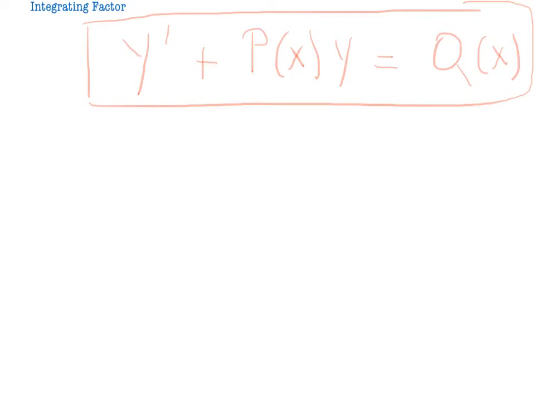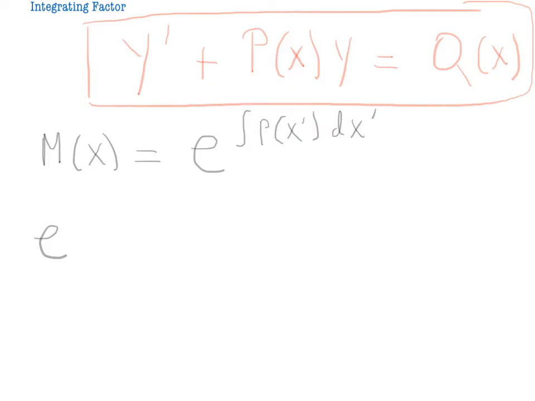Well, the first thing that you want to do is multiply both sides by this particular function m, which is e to this particular guy over here. So multiplying everything there in the red box, both left and right hand sides, by m gives us the following.